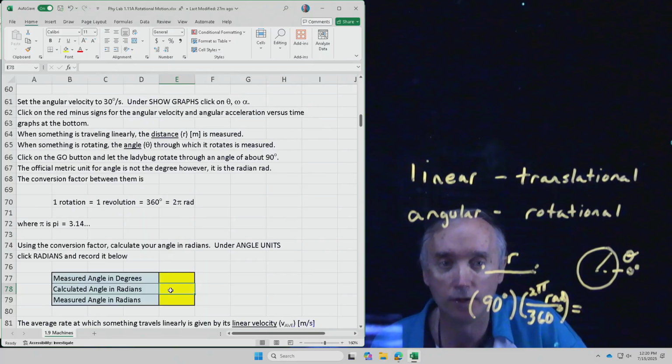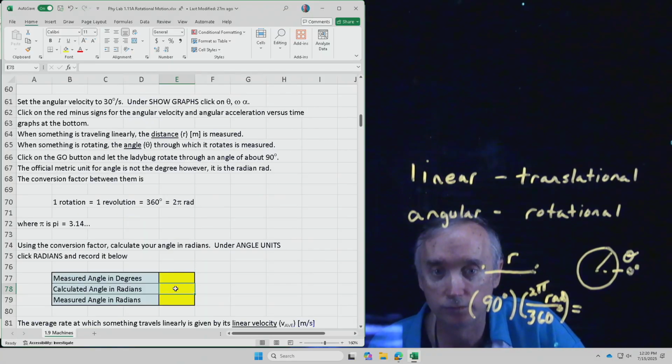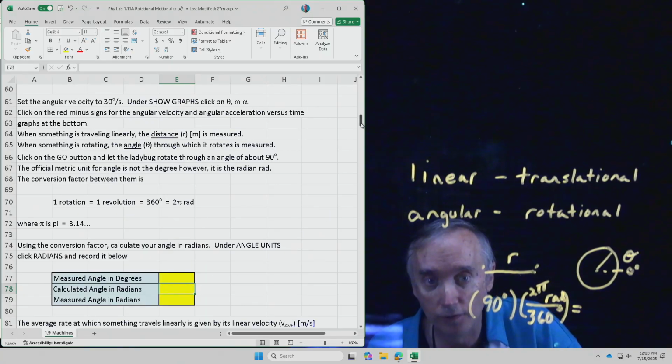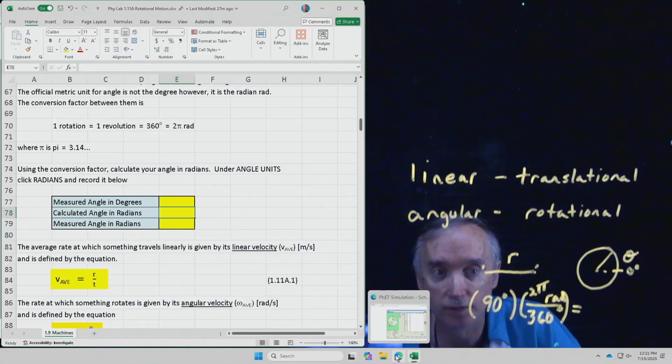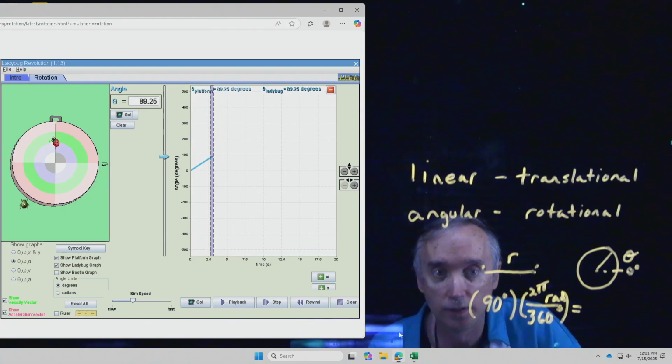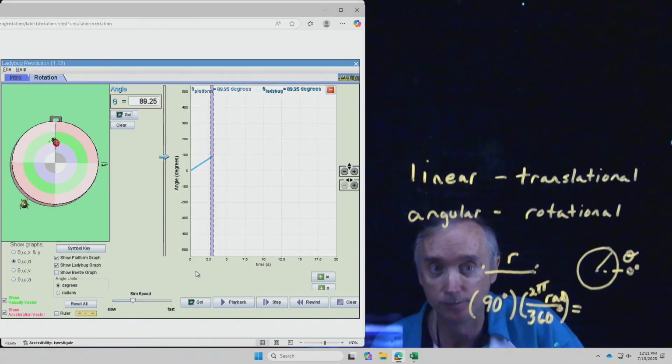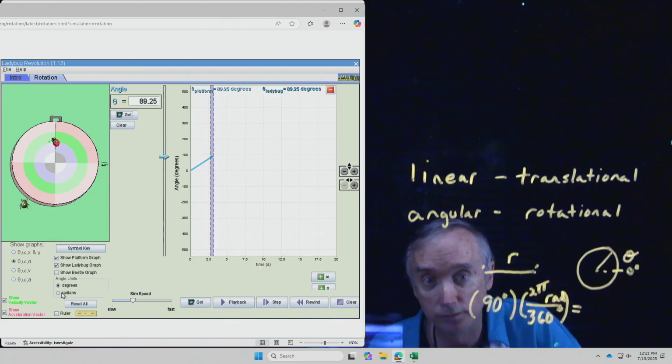Okay, now we want to know if we did it correctly. So what we can do here is we're going to click on radians to see if we got our answer right. So let's go back to the simulation here, and we're going to click. You see here it says the word degree, and underneath it, it says the word radian.